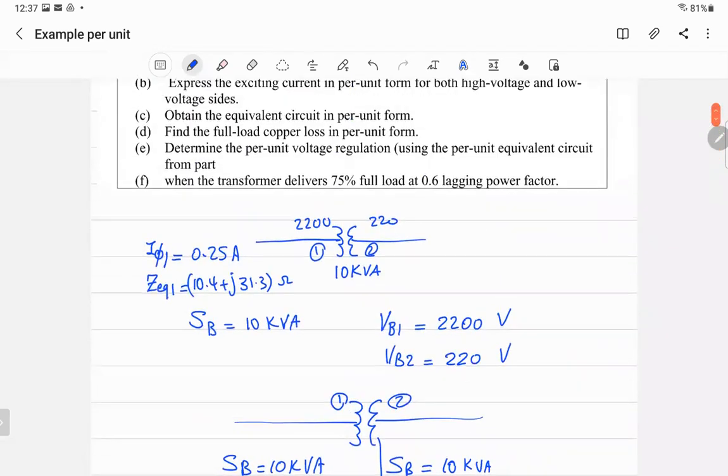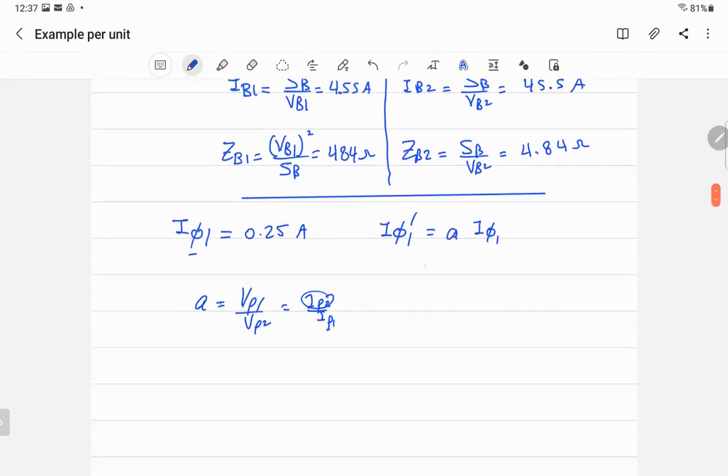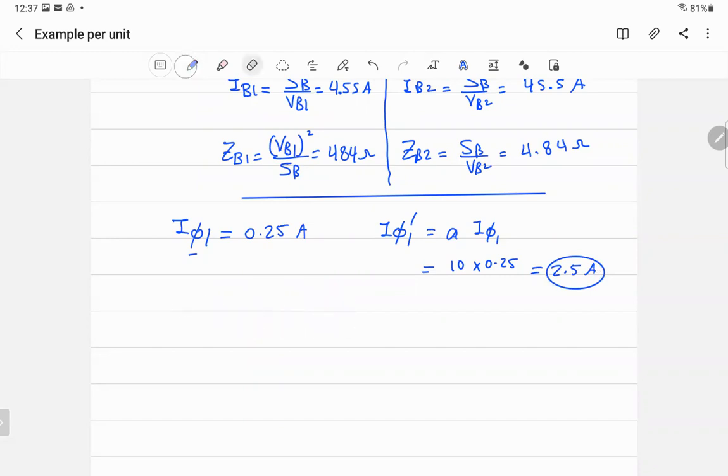The turns ratio is equal to this voltage over this voltage, so A is equal to VB1, 2200, divided by 220. That's equal to 10. So I want to find it: 10 times 0.25 is equal to 2.5 amp. So that's the value of the exciting current on the secondary winding, and that's the value of the exciting current on the primary side.